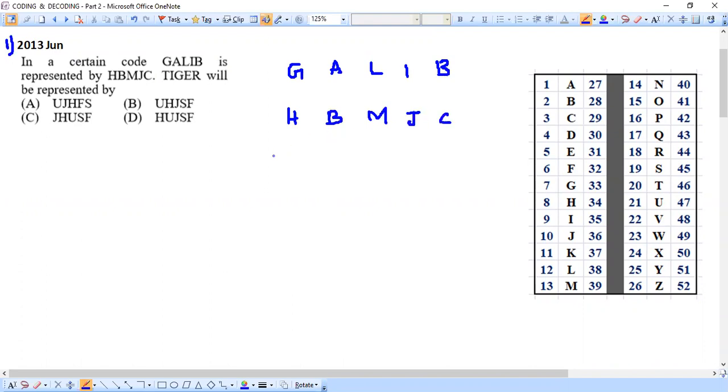Then we are asked to find what is the code for the word TIGER. Then TIGER will be coded as what word? This is our question. We'll note it here.